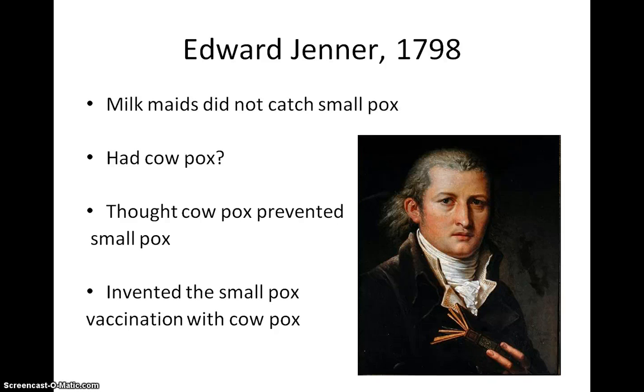So he created a vaccine for smallpox using cowpox. Cowpox is similar enough that it produces an immune response in us and creates antibodies to smallpox, but it's cowpox, so it does not make us sick.